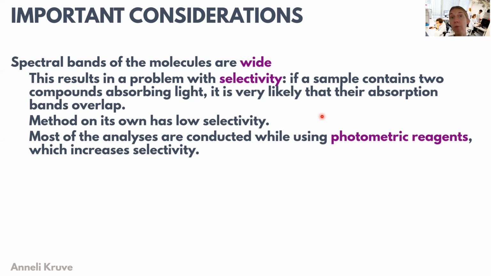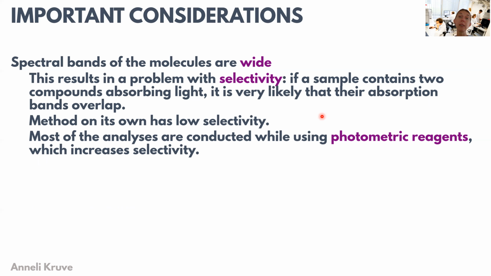If we have a mixture, and most of our samples are mixtures, then it's very likely that the compounds in our mixture are absorbing at least partially at the same wavelengths. So there are at least some wavelengths at which both compounds, or many of the compounds in the sample, are absorbing light. This means that on its own, ultraviolet visible spectroscopy has fairly low selectivity.